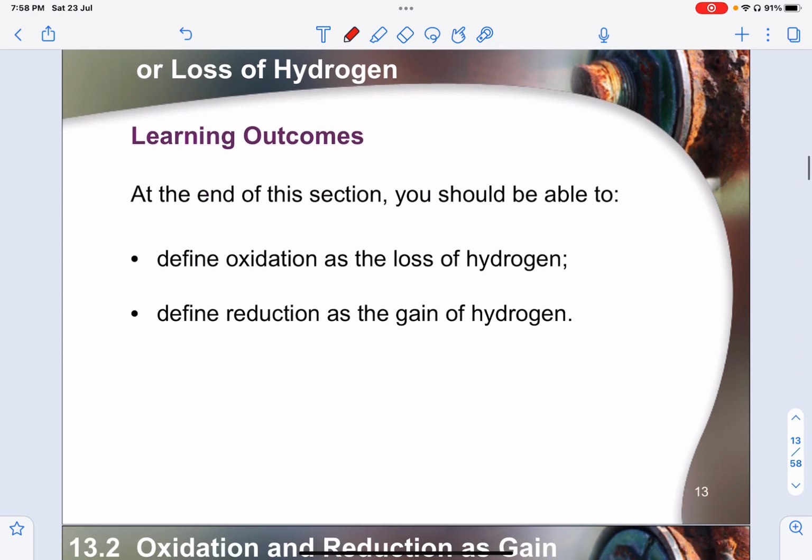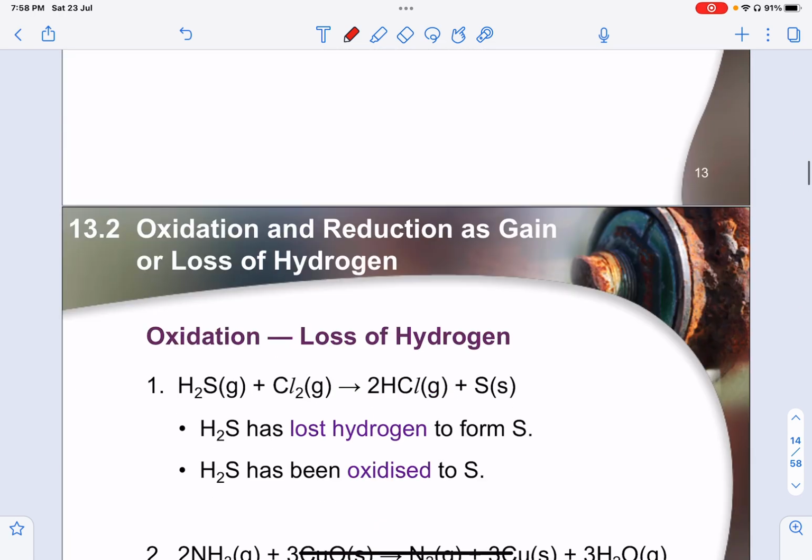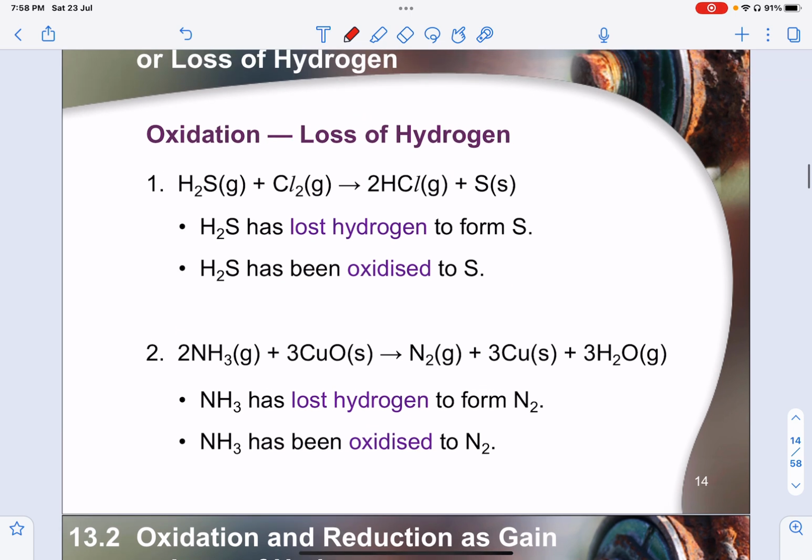Next we look at it in terms of hydrogen. For oxidation, it is where we lose hydrogen. Same thing here: for H2S, it would lose two hydrogen atoms to form sulfur.